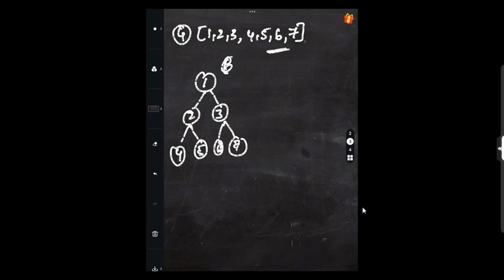The first level will be 1, as we have only one element, the root node. We are considering the last element: this will be 3, for this one we'll be considering 5 and for this one 7. Hmm, so the output will be 1, 3, 5 and 7. I hope this one is completely clear.